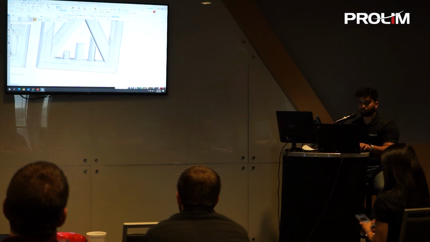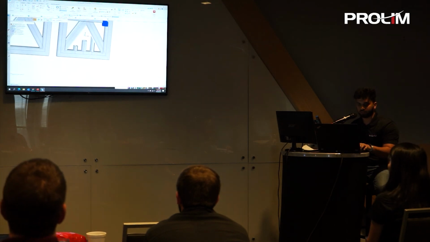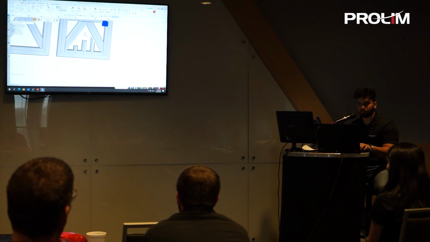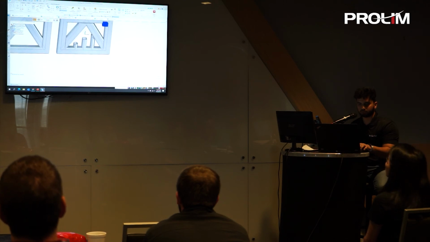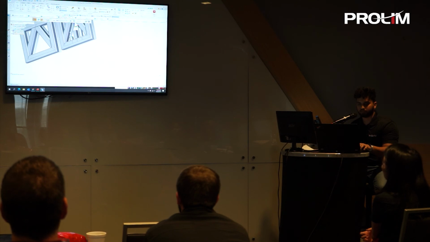So you see, you get a weld gap of 5 mm right here. If you decide not to have a weld gap, you also have the option to deselect that. You can just select the face you want to extend, and then you can deselect the weld gap and turn that option off, and then you can select the next face.